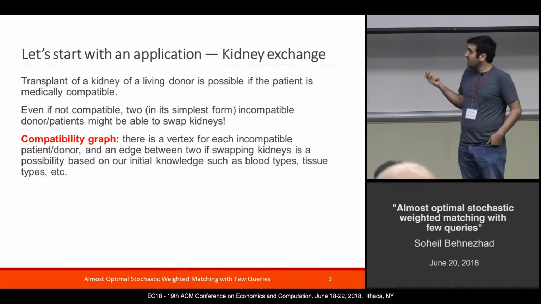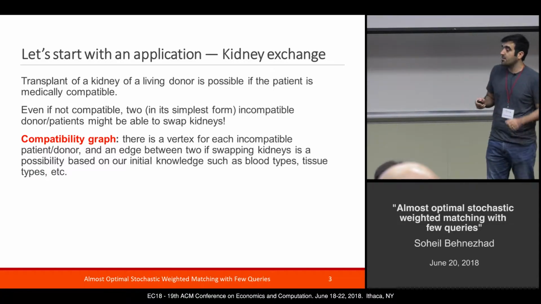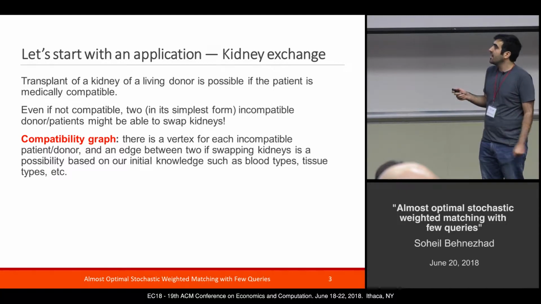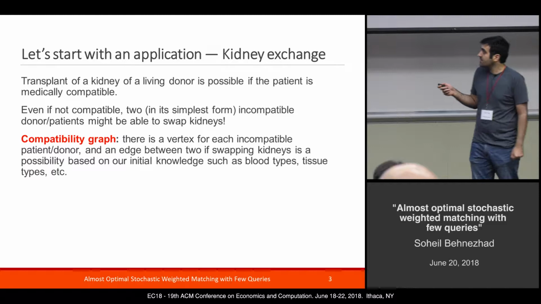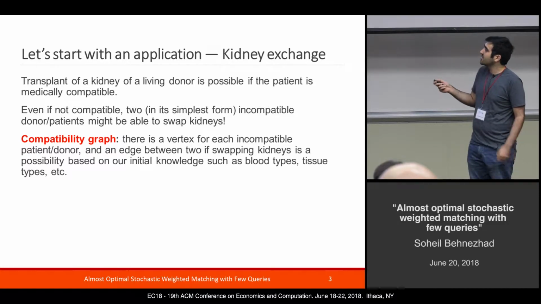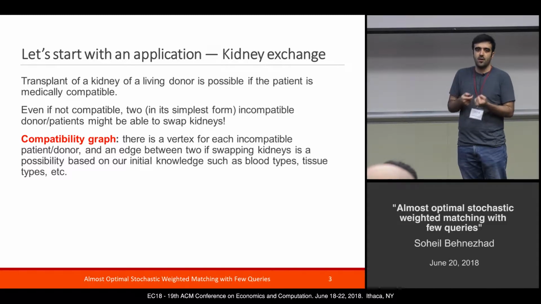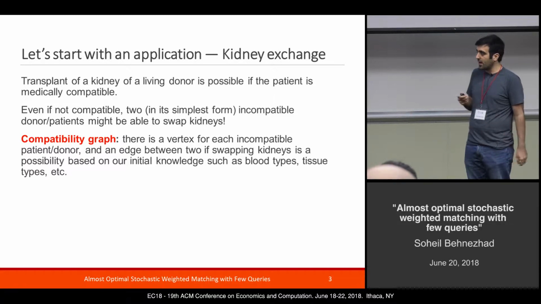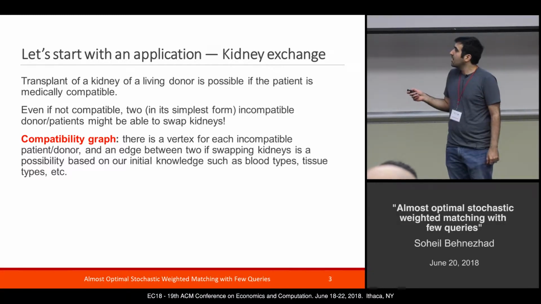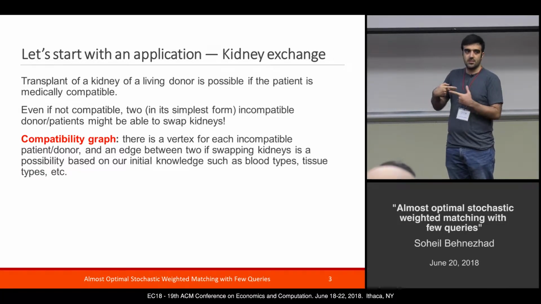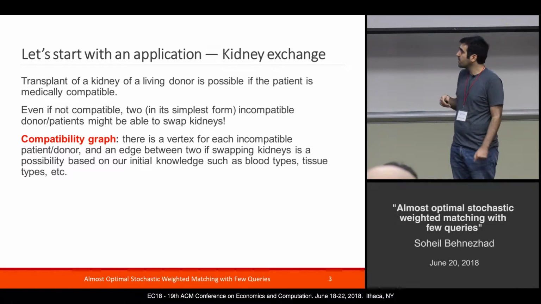Okay, so we can define a compatibility graph. What this compatibility graph really defines is a graph where each vertex denotes a pair of donor and patient that are incompatible to each other. And we put an edge between two pairs, between two vertices, if they can swap kidneys, right?